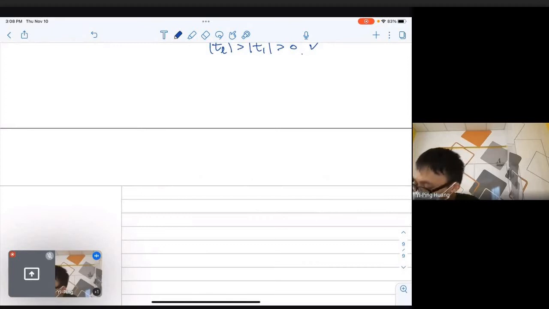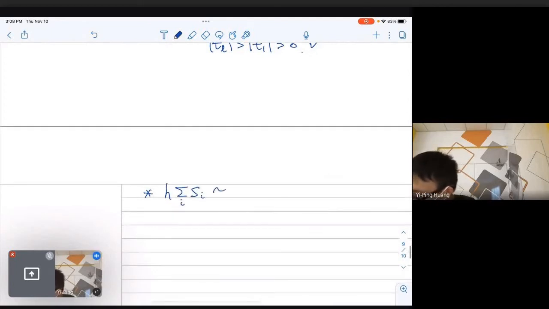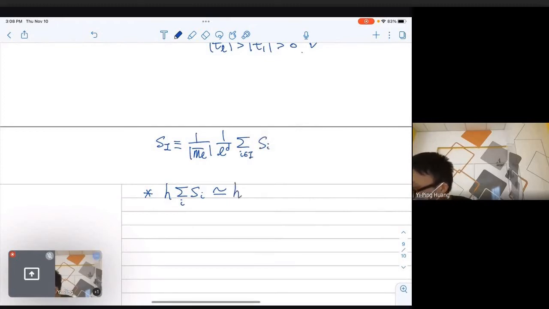We will continue to think about what happened for the magnetic field, but it will be relatively straightforward because now we have another term, which is a summation over the little spins, where SI, let me just reproduce it here. By definition, you can rewrite it as H times ML bar times L to the power of D times the summation over these block spins.